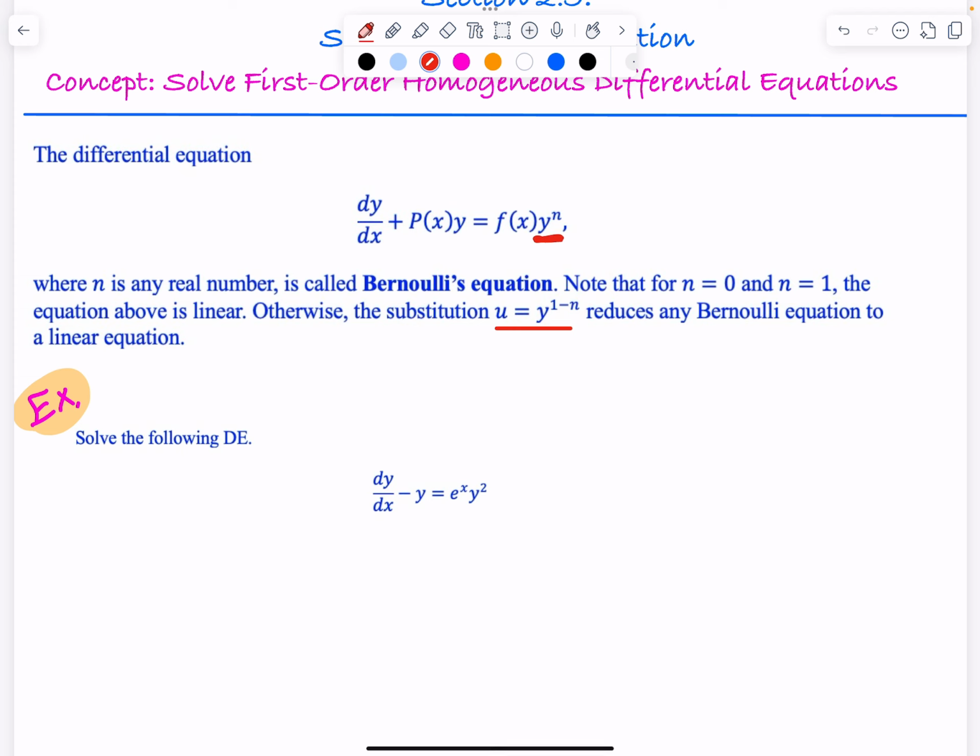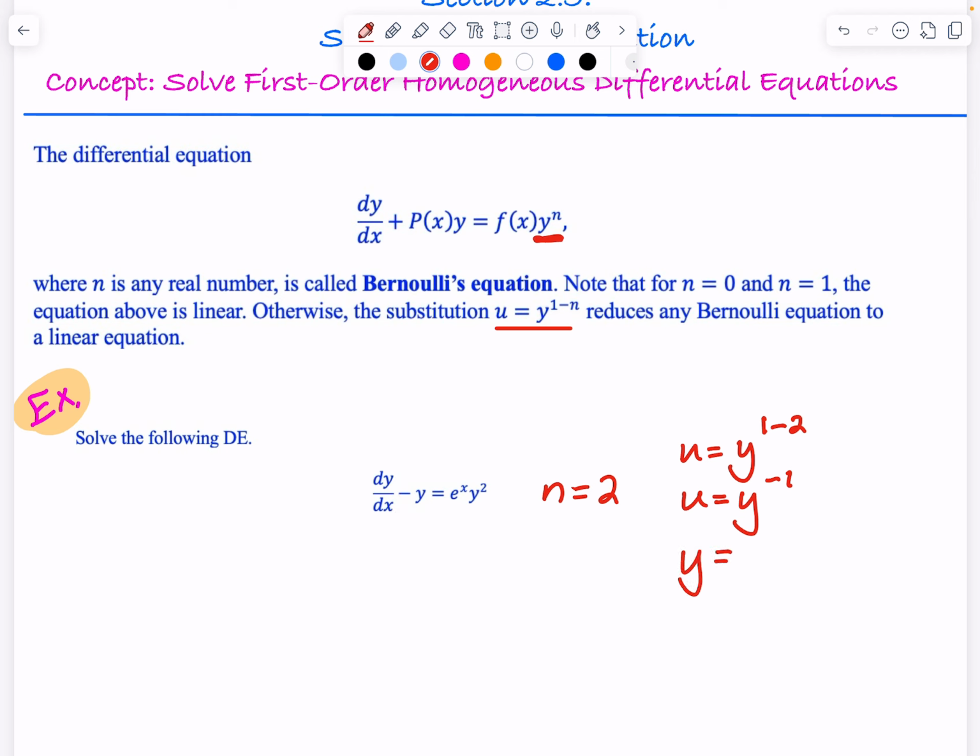First, we see this is a Bernoulli equation with n equals 2. So if n equals 2, then our sub is u equals y to the 1 minus 2, and that's u equals y to the negative 1. Now, we want it in terms of y because I'm going to have to find some sub for this dy dx here.